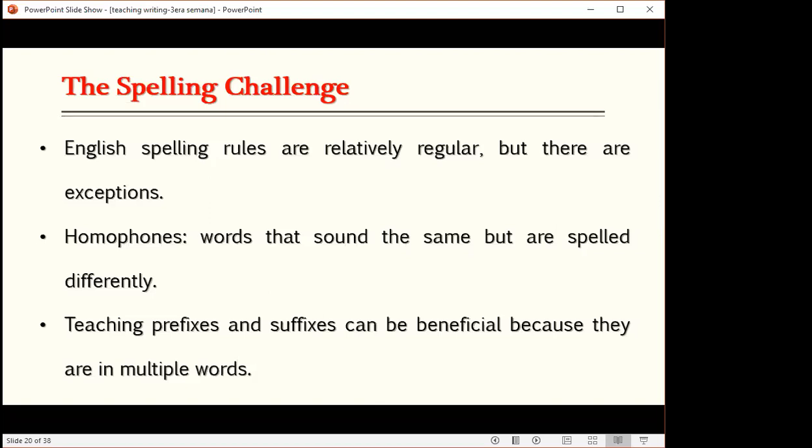So notice you are making them know the prefixes and suffixes that they are going to use to expand their vocabulary. So it's very important to teach our students this kind of prefixes and suffixes.